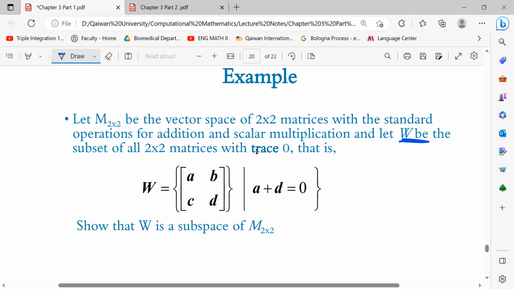Look, W is the set of all those matrices in which the trace is 0.